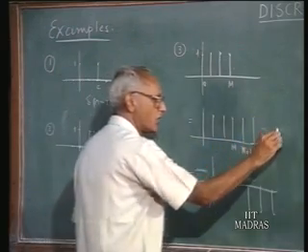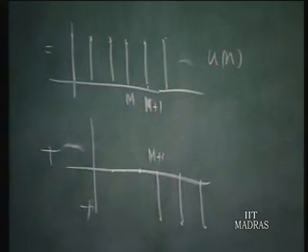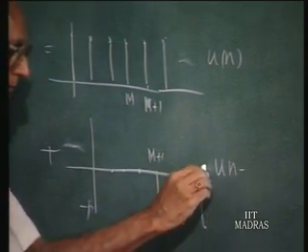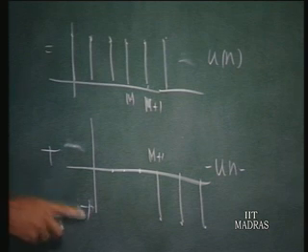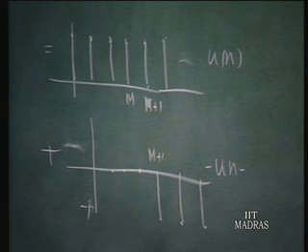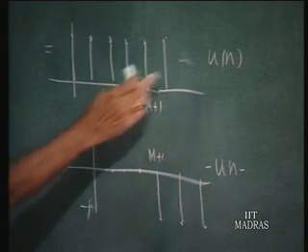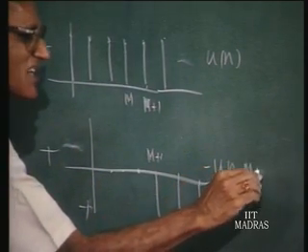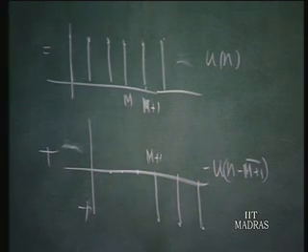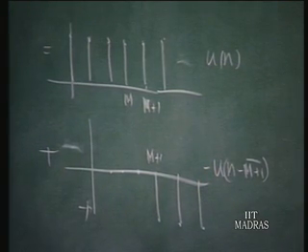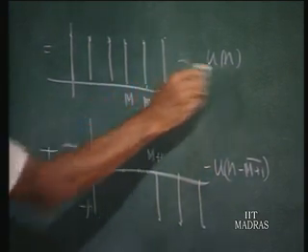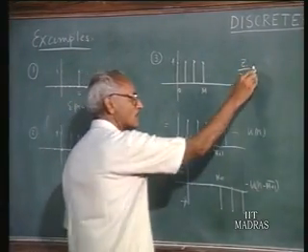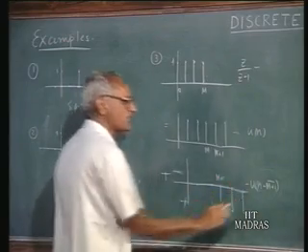Therefore you can write this as u of n, minus, because it's a negative sample, there is a negative sign here, all the samples have negative value, but this step function starts at m plus 1, u of n minus m plus 1, that is what it is. The z transform of this is z upon z minus 1 minus the z transform of this function.